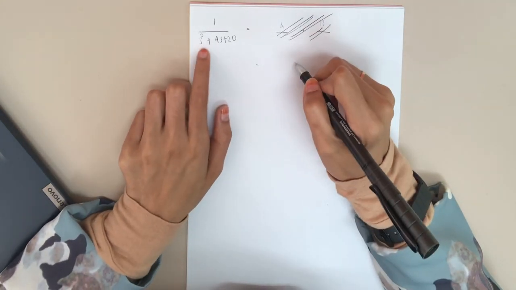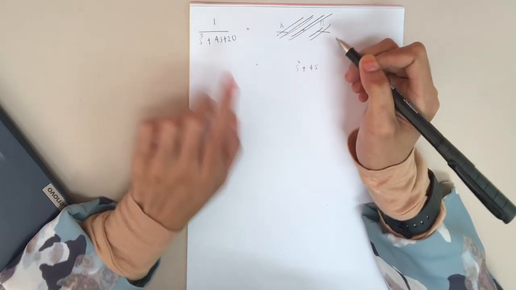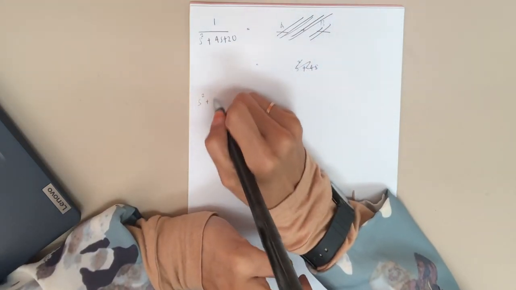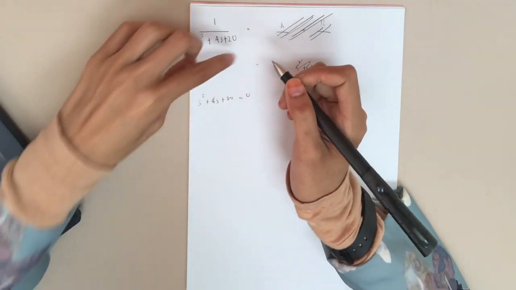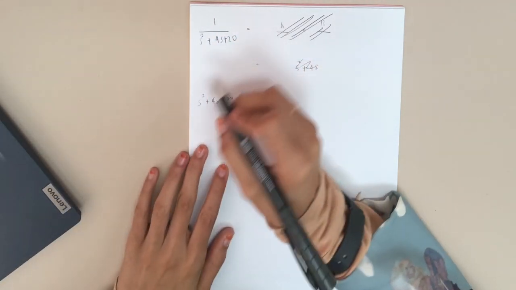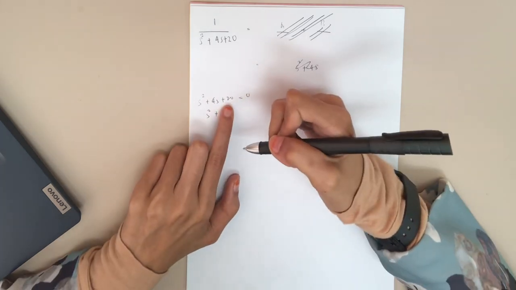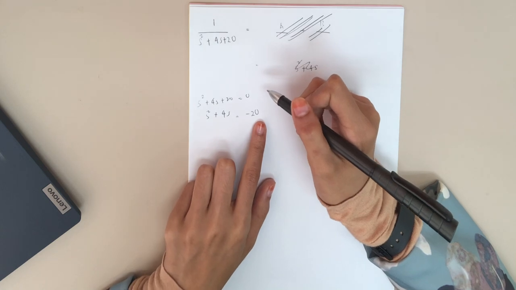So class, what we do is, s square plus 4s. I will do it outside here first: s square plus 4s plus 20 equal to 0. I'm just focusing on the denominator. I bring 20 to the right hand side, so it will be negative 20.